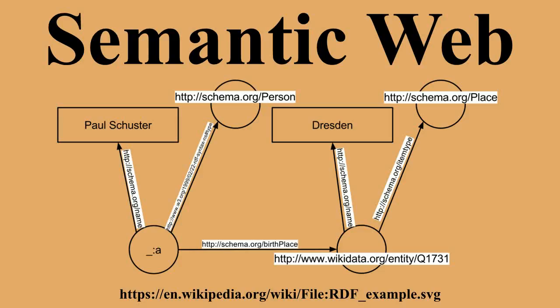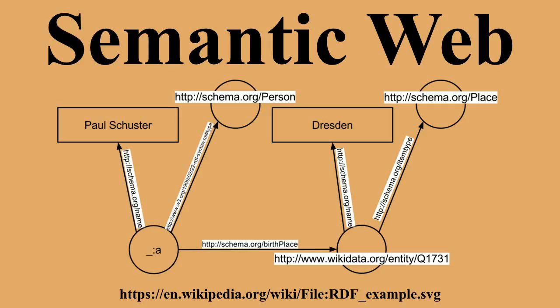RDF is a fundamental standard of the semantic web. RDF Schema extends RDF and is a vocabulary for describing properties and classes of RDF-based resources, with semantics for generalized hierarchies of such properties and classes.